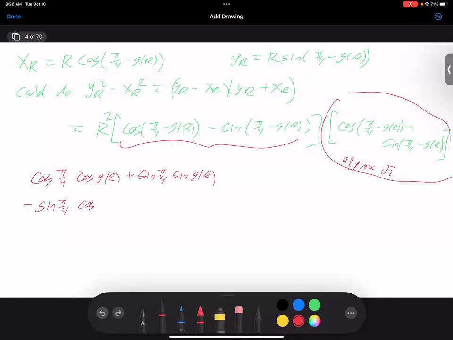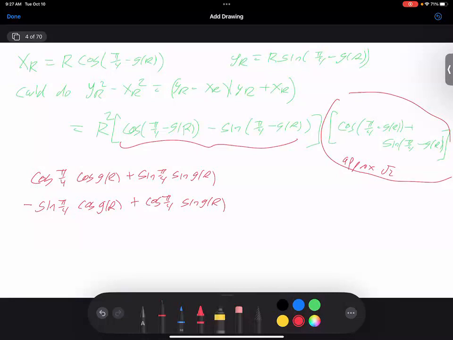And now because it's a minus, but a minus of a minus is a plus, we'll have cosine of pi/4 sine g of r. Because the sine of a minus b is the sine of a cosine b minus the cosine of a sine of b. But since I'm subtracting everything, the signs get switched.